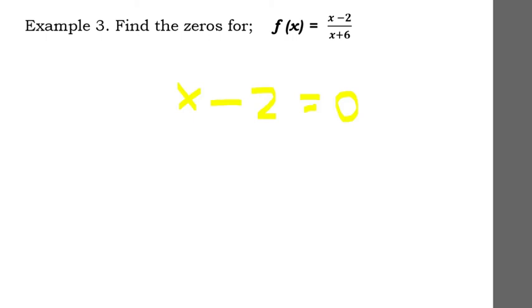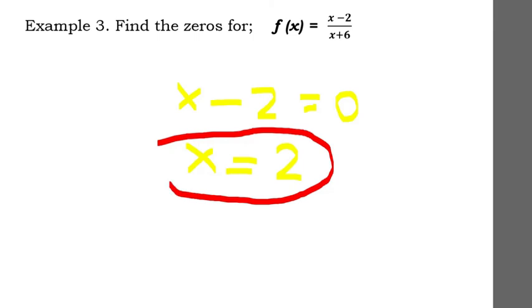You just simply equate the numerator to 0 to get the zeros. And therefore, transpose negative 2 to the right side of the equation. So negative 2 becomes positive 2. And therefore, the zero of the function is equal to positive 2.